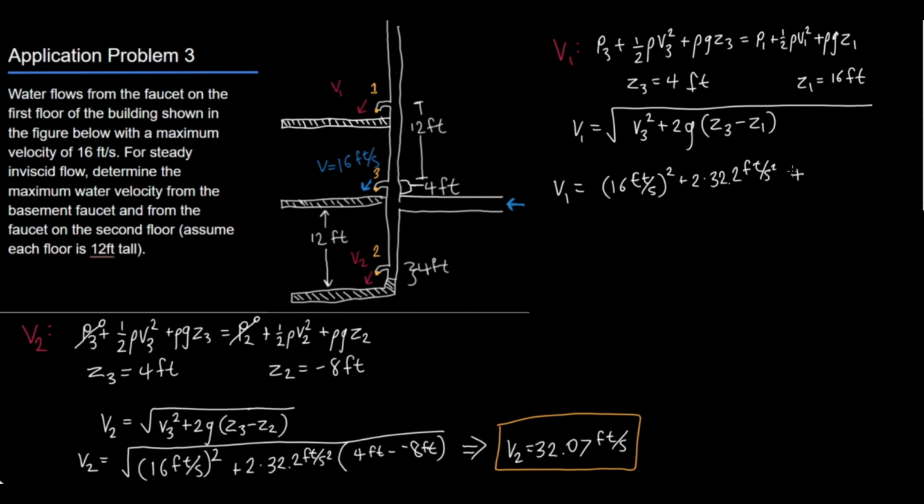And then we will have 4 feet minus 16 feet. And all of that is square rooted. So if we resolve that, we get V1 is equal to 22.7 imaginary, which does not exist. So V1 is impossible.